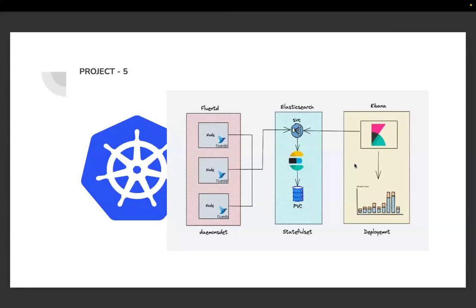You can put it on your resume: I did this EFK stack, which I configured for my Kubernetes cluster. They are going to ask you a question like, what is the EFK stack? That's very important. This is the EFK stack for fetching the logs from your Kubernetes cluster applications.